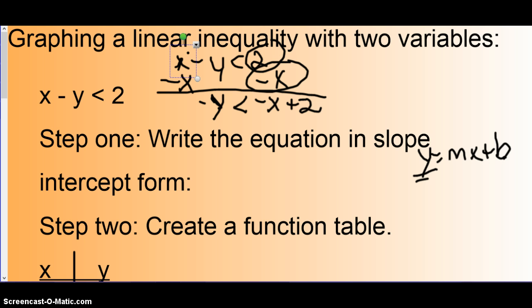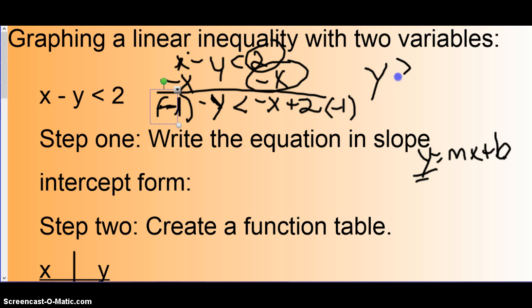But I don't like the fact that I've got this negative y, so I want to multiply each side by negative 1. When I do that, I end up with y, and I have to flip that sign. Remember, when you multiply or divide by a negative, that means you have to flip the sign.